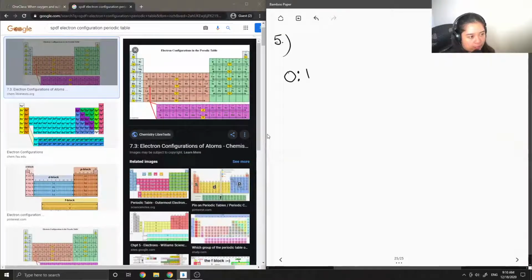So starting at hydrogen, moving on to helium, we write 1s2. Then on to the next row, 2s2. And then moving to the right, we write 2p, and count up to the oxygen: 1, 2, 3, 4. 2p4.